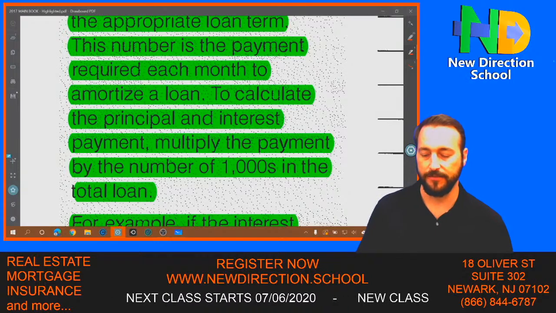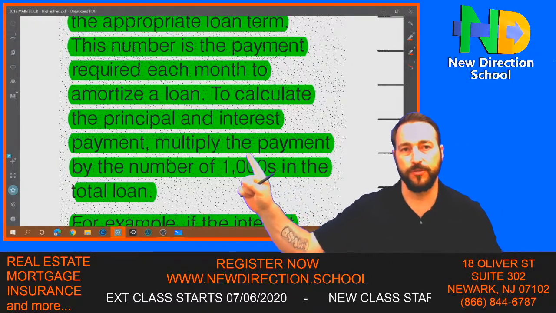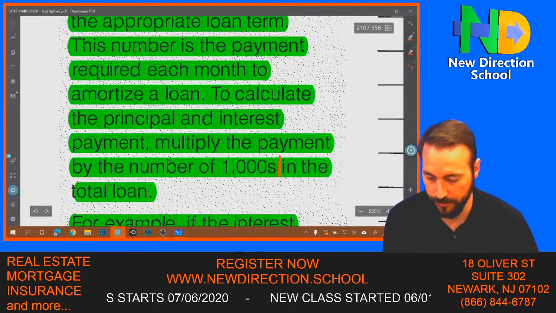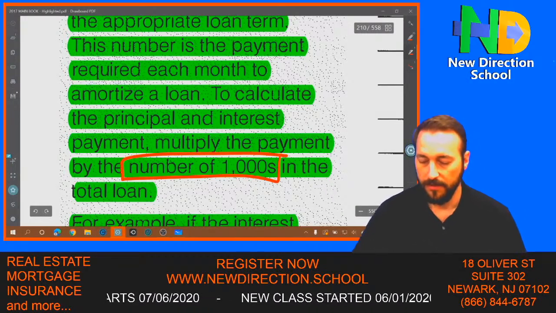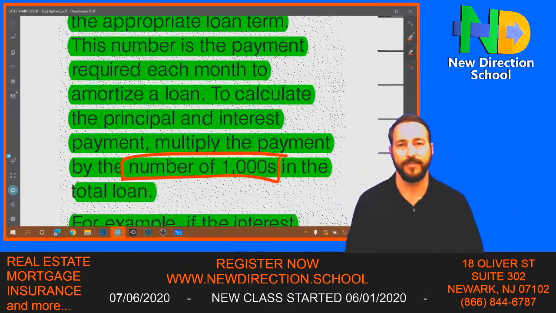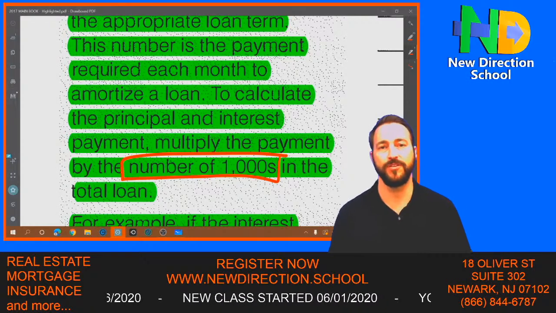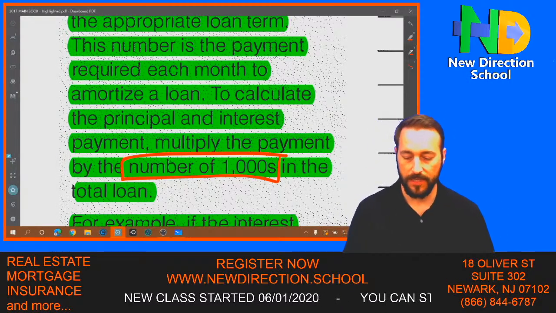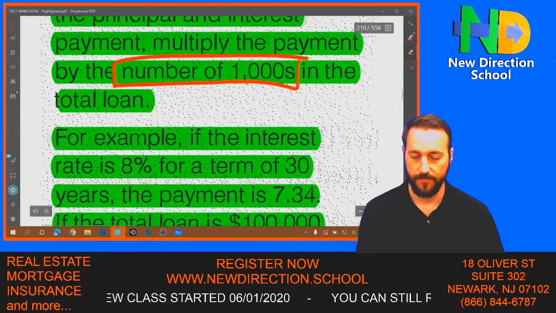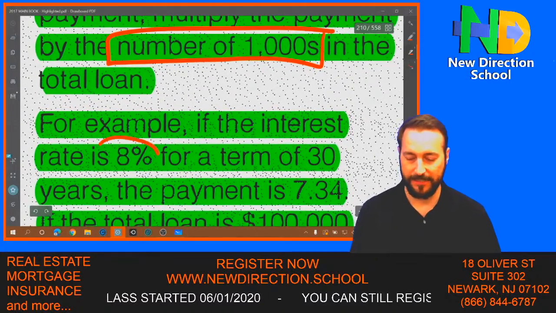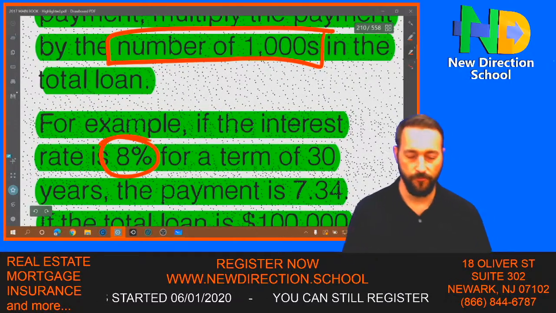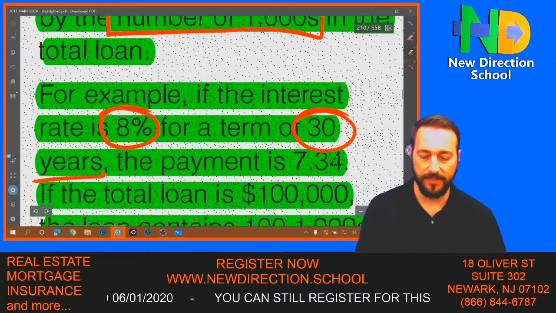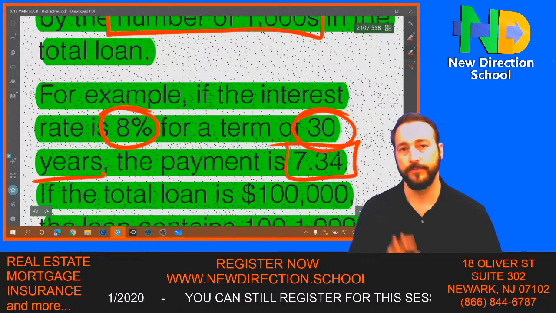Now to calculate the principal and interest payment, we multiply the payment by the number of thousands. This is what I want to show you. I told you that this chart is per every $1,000, correct? So here's an example. If the interest rate is 8% for a term of 30 years, the payment is 7.34. Let me show you.